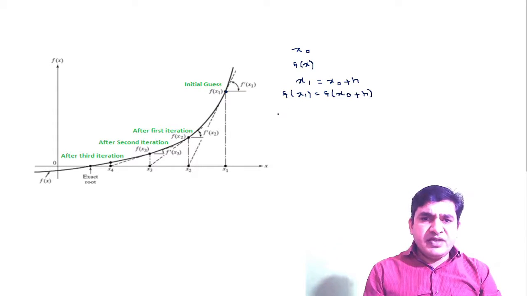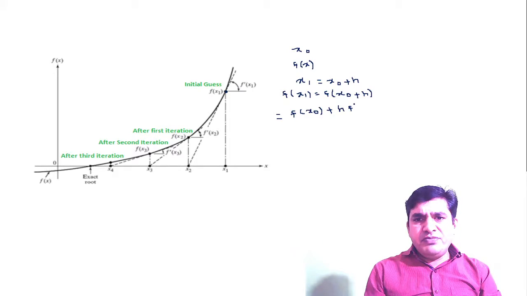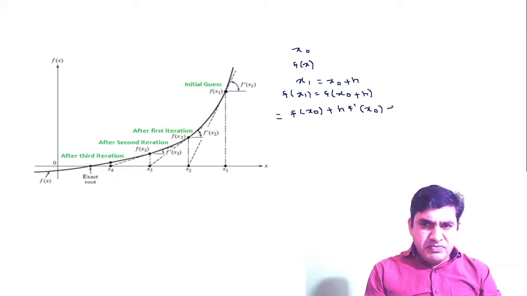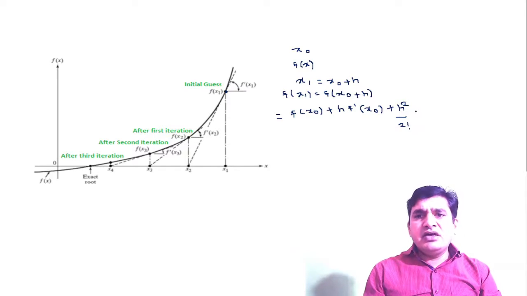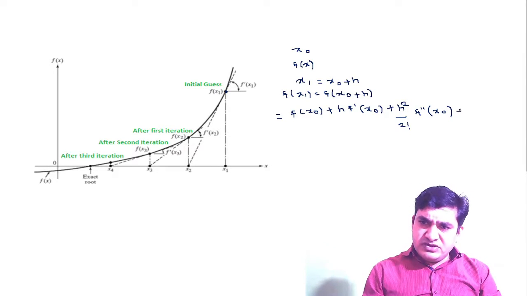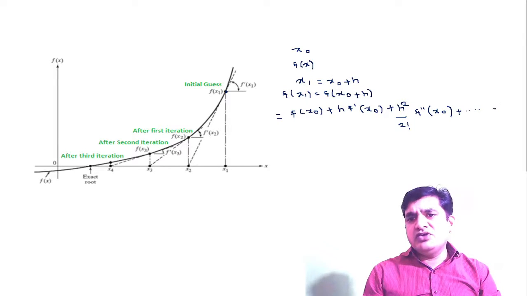By using the Taylor series this can be written as f of x0 plus h f dash of x0 plus h square divided by 2 factorial f double dash of x0, plus the higher terms, equal to 0.